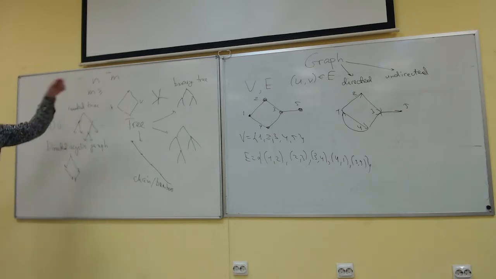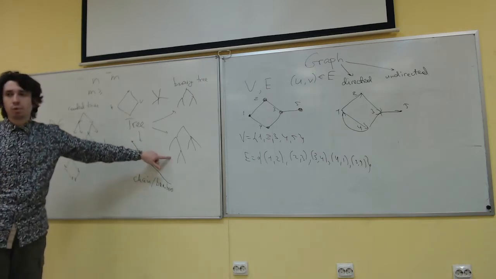We have n and m. Is it connected graph? Yeah, it is connected graph. I mean, n is the number of vertices and m is the number of edges. This is the typical naming for the vertices and edges. Okay, so can you tell me how many edges in the tree?